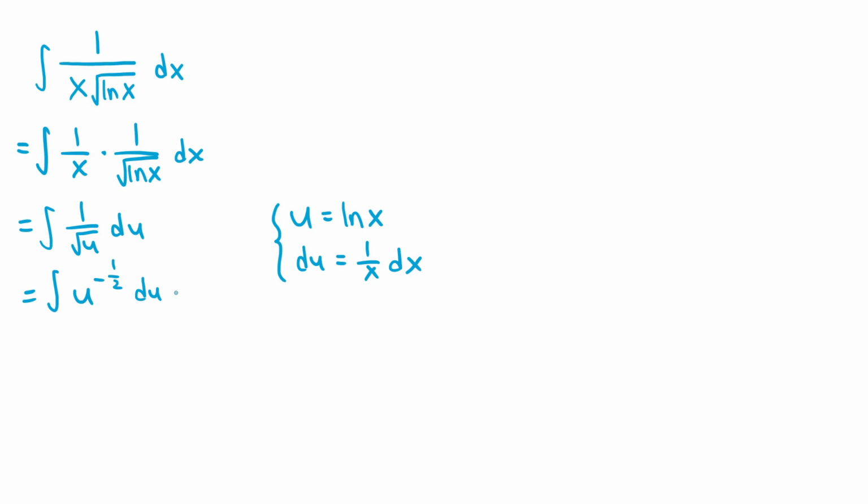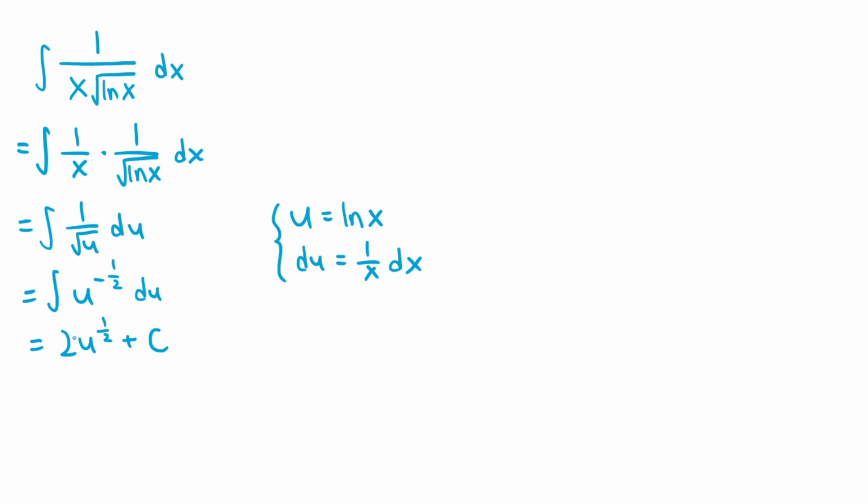So we need to increase the power by 1. So negative 1/2 becomes 1/2 because negative 1/2 plus 1 is equal to 1/2. And then we need to divide by the same 1/2. So dividing by 1/2 is the same as multiplying by 2. So this just becomes 2 times u to the power of 1/2 plus some constant c.